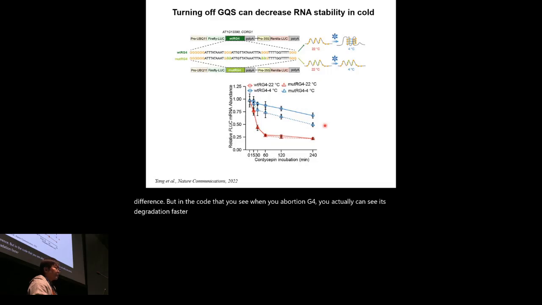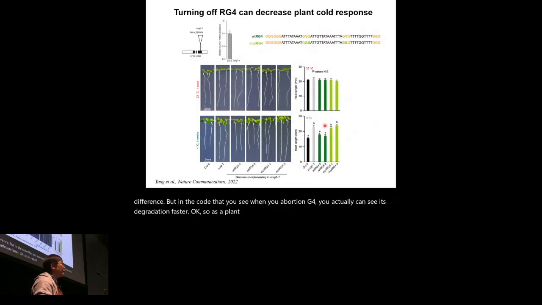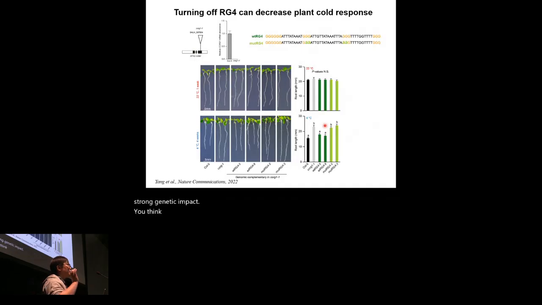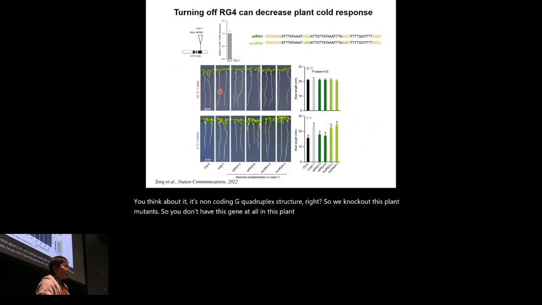Okay, so as plant biologists, we want to see whether we can have a strong genetic impact. You think about it, it's a non-coding G-quadruplex structure, right? So we knocked out this gene in the plant mutant, so you don't have this gene at all. At normal temperature, you don't see a difference, but in the cold, you can see this knockout has longer roots.